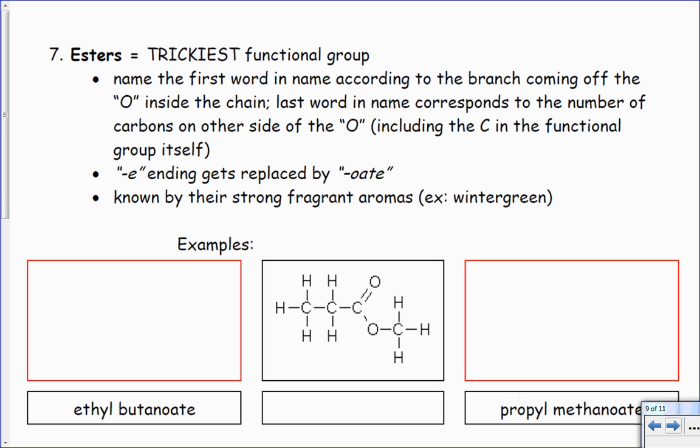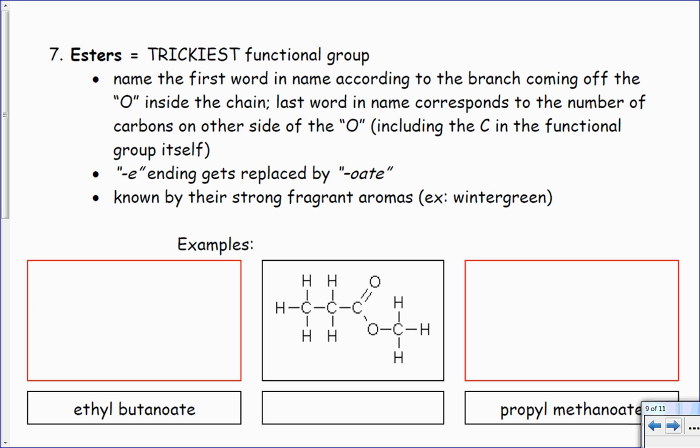It needs to be. Esters, the trickiest of all the functional groups. I name the first word in the name according to the branch coming off the O inside the chain. The last word in the name corresponds to the number of carbons on the other side of the O, including the C in the functional group itself.